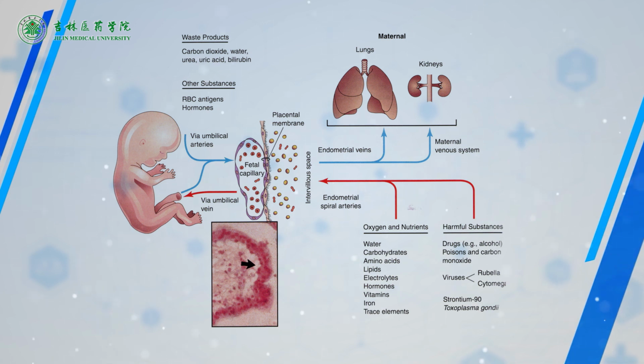Immunoglobulin G in maternal blood can enter the fetus through the placental membrane so that the fetus and newborn have a certain degree of immunity. Because some drugs, viruses, and hormones can pass through the placental membrane and affect the development of the fetus, pregnant women need to use drugs carefully and prevent infection.